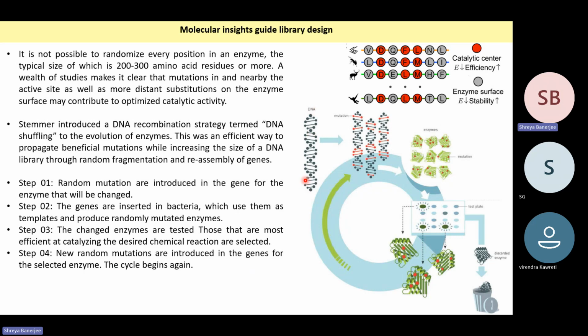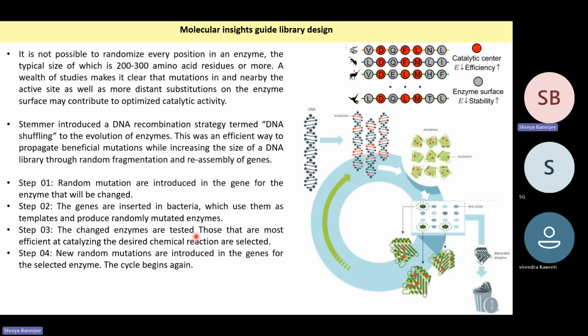So suppose this DNA is coding for the wild type enzyme. Random mutations are introduced in the DNA. The genes are inserted in bacteria which use them as templates and produce randomly mutated enzymes. So these DNA are put into plasmids and they are expressed and we get many mutated enzymes.